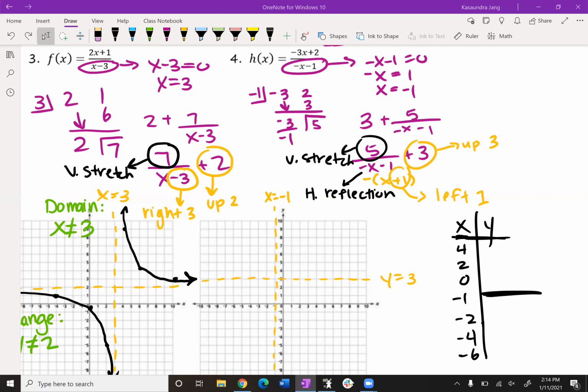Maybe no one's there. So we're gonna plug in these x values. We gotta plug in a 4 for x, a 2 for x, a 0, and then these negatives too. Let me try this again. MK, will you plug in the 4, the 2, and the 0? Okay, I already got them. Give me just a sec here.